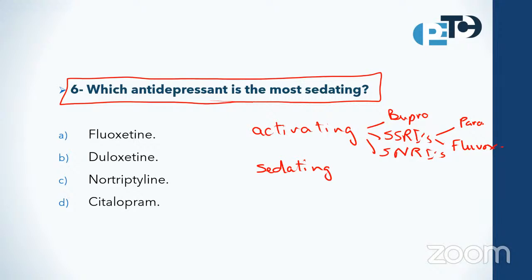Here we have fluoxetine, one of the SSRIs, that is activating, not sedating. Duloxetine, an SNRI, is activating. Citalopram, an SSRI, is activating. While nortriptyline, one of the tricyclic antidepressants, has antihistaminic side effects leading to a sedation effect.